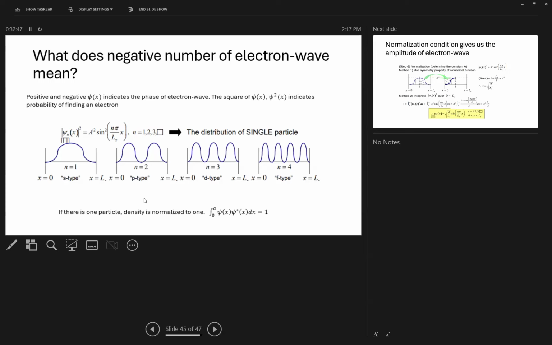He couldn't answer this. It was actually answered by a person, I think, Max Born. So Max Born, in one of his books, wrote this comment in the margin or in the footnote of the book. He said that the square of psi indicates the probability of finding the particle.